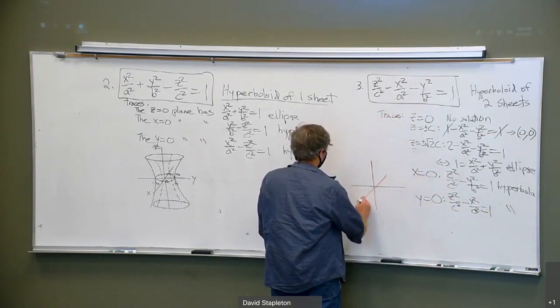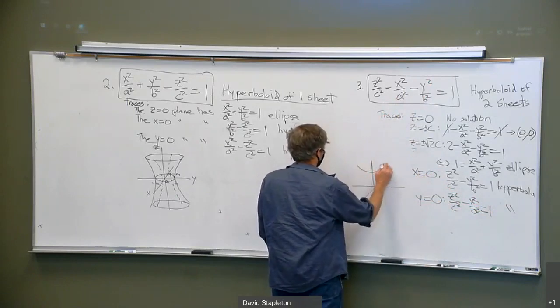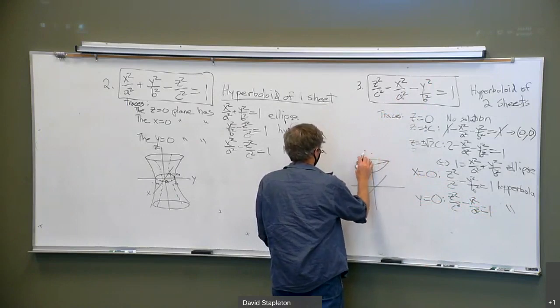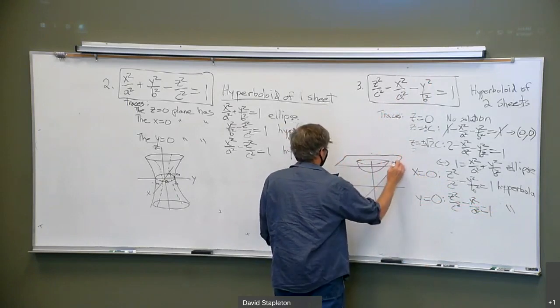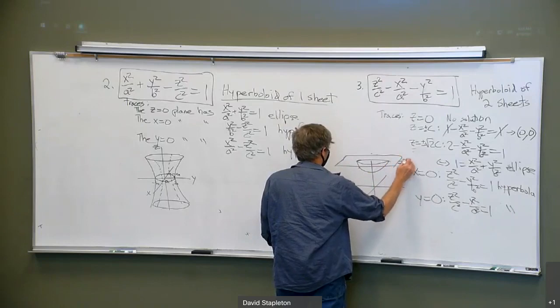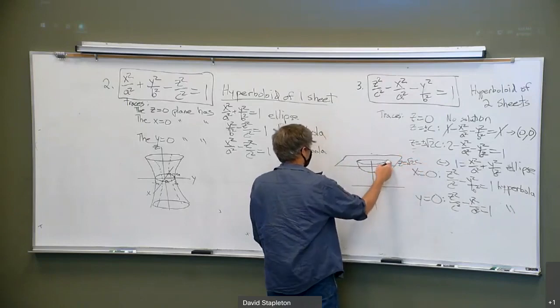Here's what it looks like. Here's the cross section within the plane z equals square root 2 times c: it's the ellipse with semi-axes a, b.